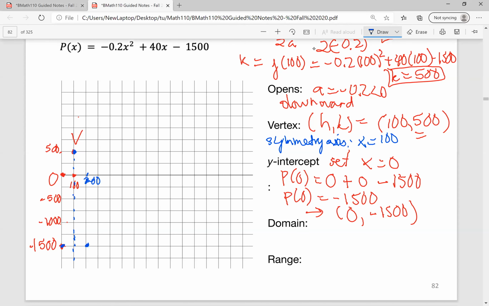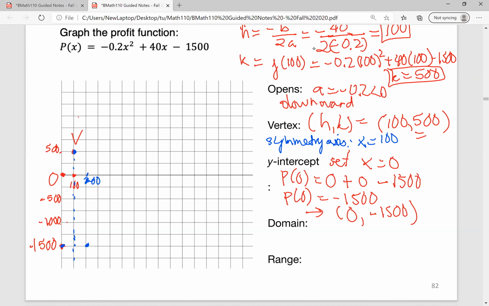So I actually need to find the x-intercept, and in order to find the x-intercept, you need to set P(x) equal to 0.